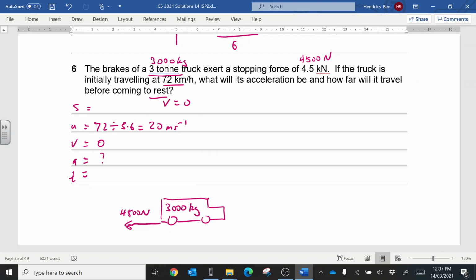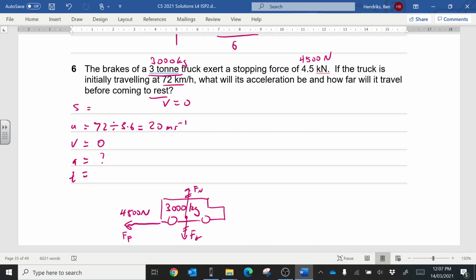We have the force of gravity and the normal force, and they're equal to each other. The only force we really need to worry about is this frictional force. If the frictional force is acting in that direction, then acceleration is also acting in that direction.